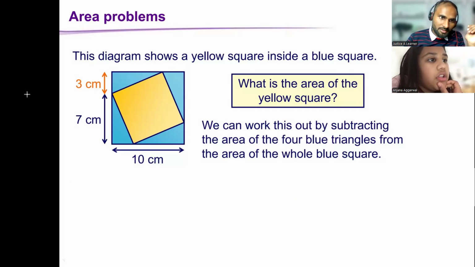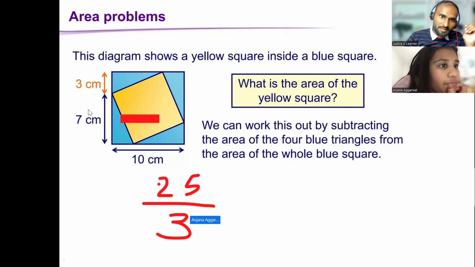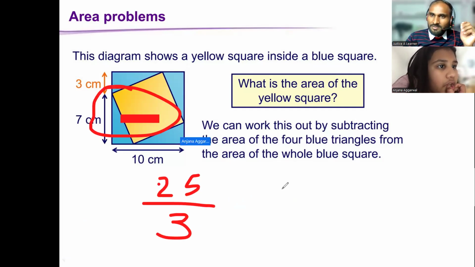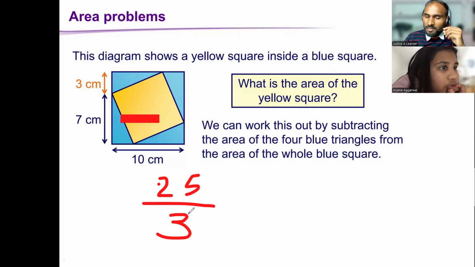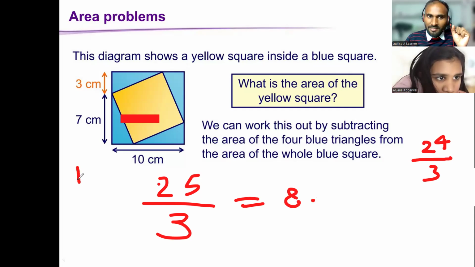25 divided by 3. Listen to me. So I already know 24 is divisible by 3, isn't it? Right? 8. So I can write 8 and then I know a point will be added because I need to divide 1 by 3.